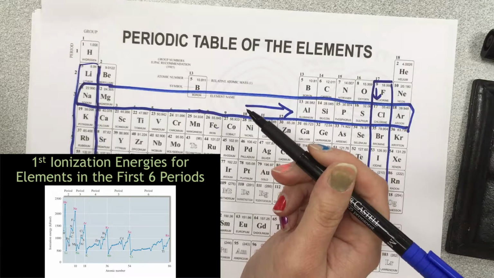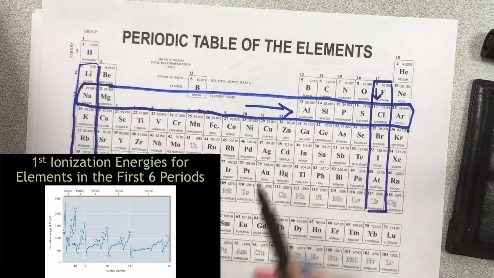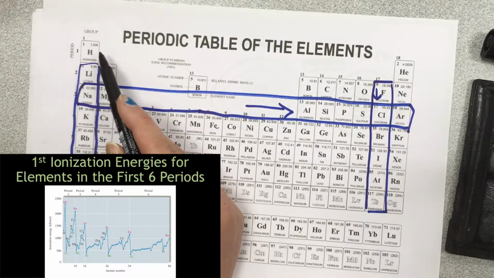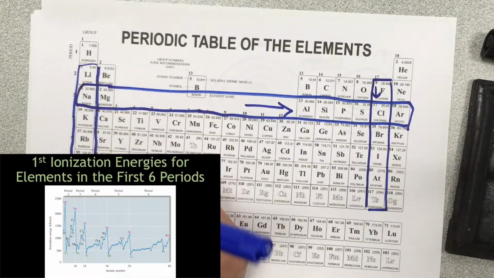Remember from our first lesson that elements in the same group will react similarly. They have similar properties. So if you notice, they're all similarly easy. They have low first ionization energies. So I want you to just keep that in mind.